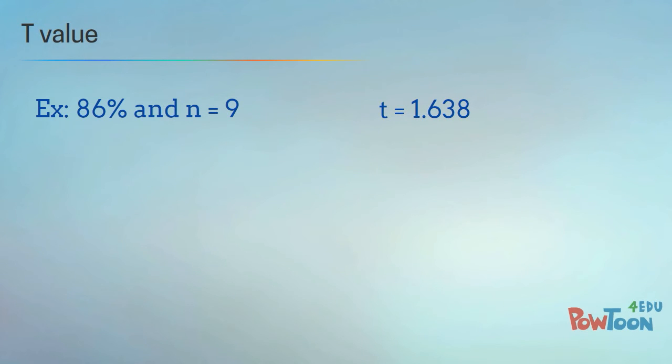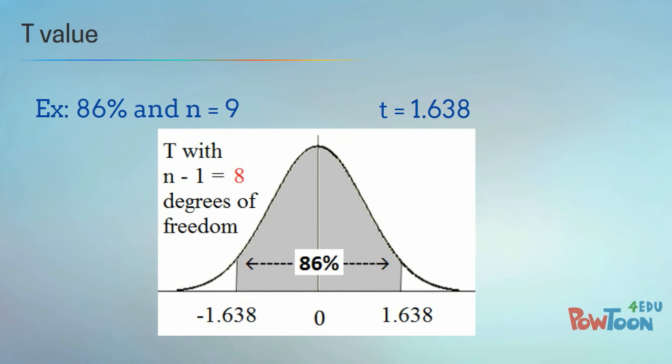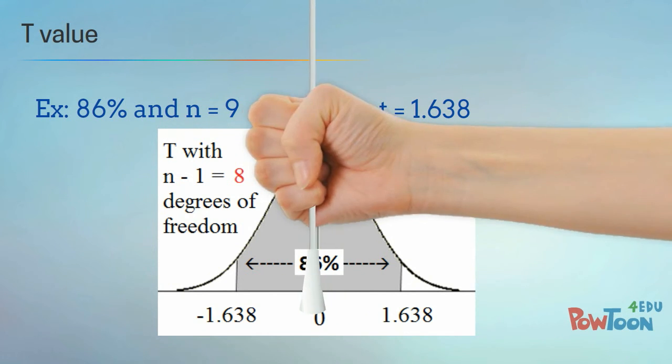Lastly, for an 86% confidence interval in a sample size of 9, we find a t-value of 1.638 is such that 86% of the probability is between negative 1.638 and positive 1.638 on a t distribution with n-1, which in this case is 8 degrees of freedom.